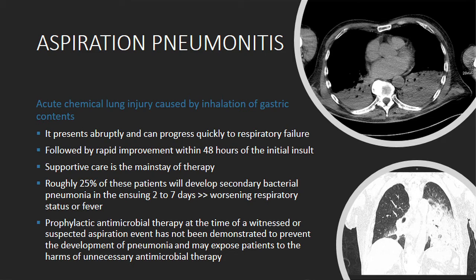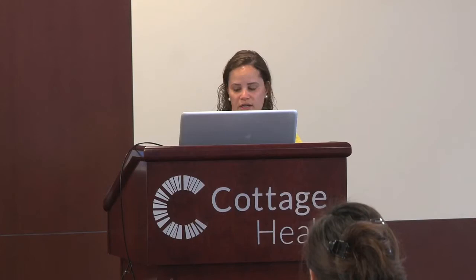Roughly 25% of these patients will develop secondary bacterial pneumonia between 2 to 7 days following the aspiration. This can usually be diagnosed by worsening of respiratory status or simply by the patient not improving after the 48-hour period. Prophylactic antibiotic therapy at the time of a witnessed or suspected aspiration event has not been demonstrated to prevent development of pneumonia, and we'll see why in a minute.